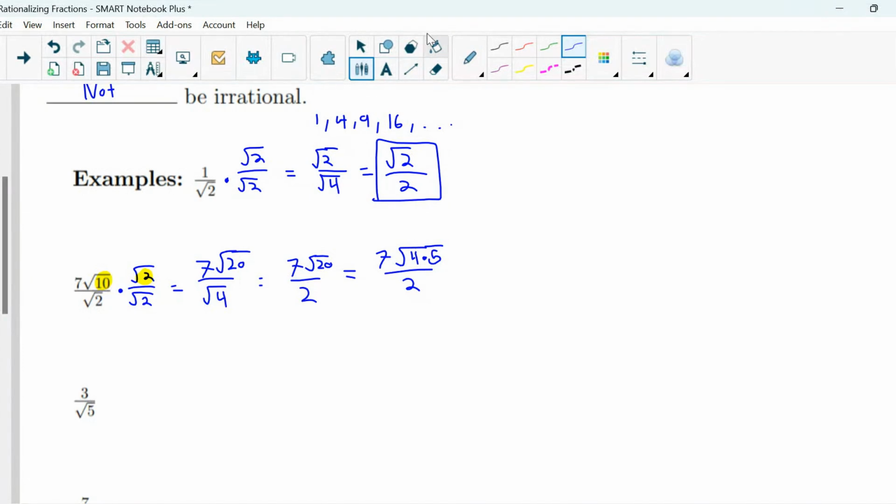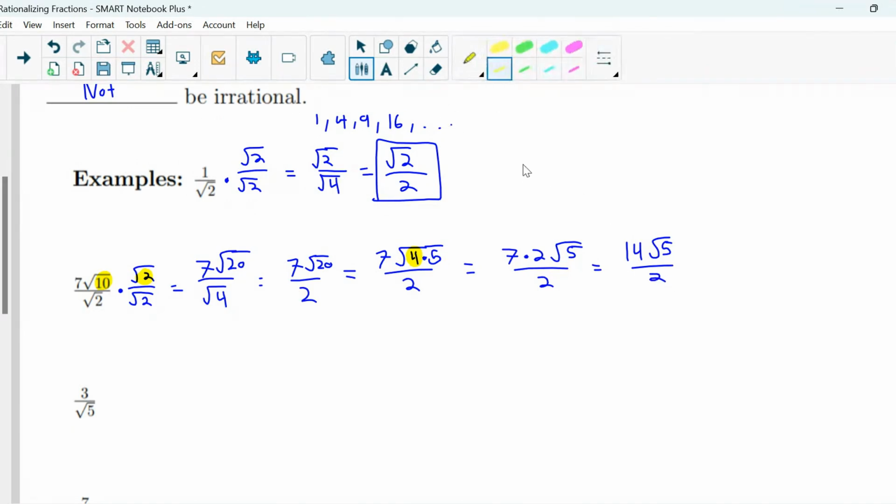And now I'm going to take the square root of 4, since it's a perfect square, and I'm just going to leave my 5. So the square root of 4 gives me 2, so I'm going to have 7 times 2, and I'm just going to leave the square root of 5 over 2. 7 times 2 gives me 14, so I've got 14 times the square root of 5 over 2.